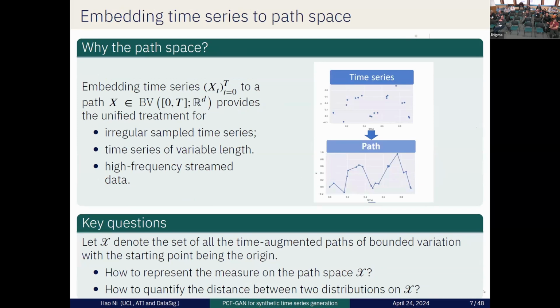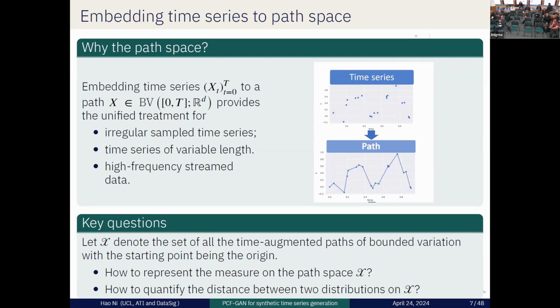Throughout this talk, I will focus on the continuous path space. In practice, we often observe discrete time series rather than actual continuous time series. However, we can embed discrete time series into the continuous path space.